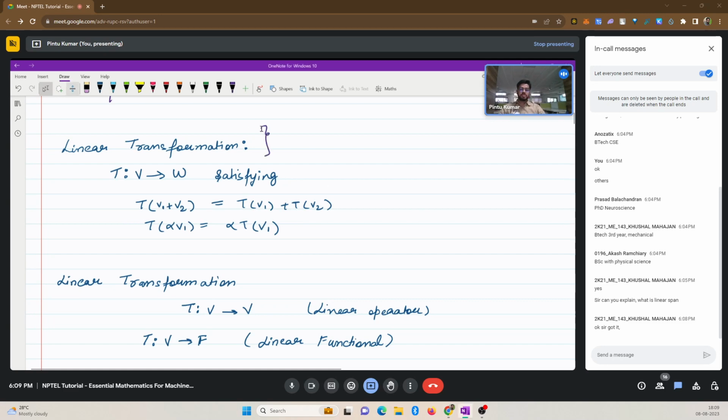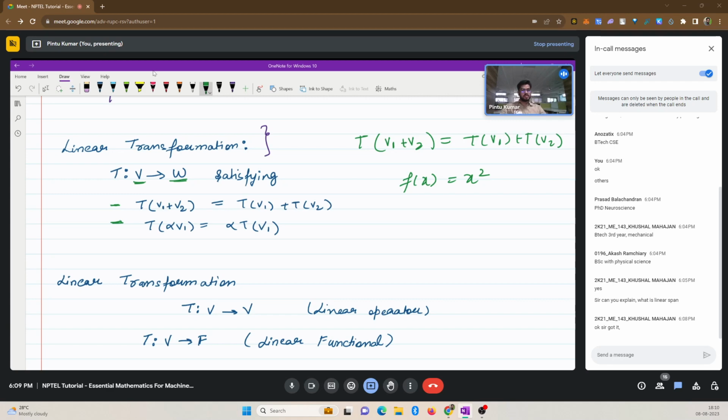So what is a linear transformation? A linear transformation is a function between two vector spaces. Let's say we have V and W as two vector spaces, and the function satisfies these two properties. If you have some vector v1 and some vector v2, the map of v1 plus v2 is nothing but you individually map them and then take their sum. Let's say you look at the function x square, this property is not satisfied, right?